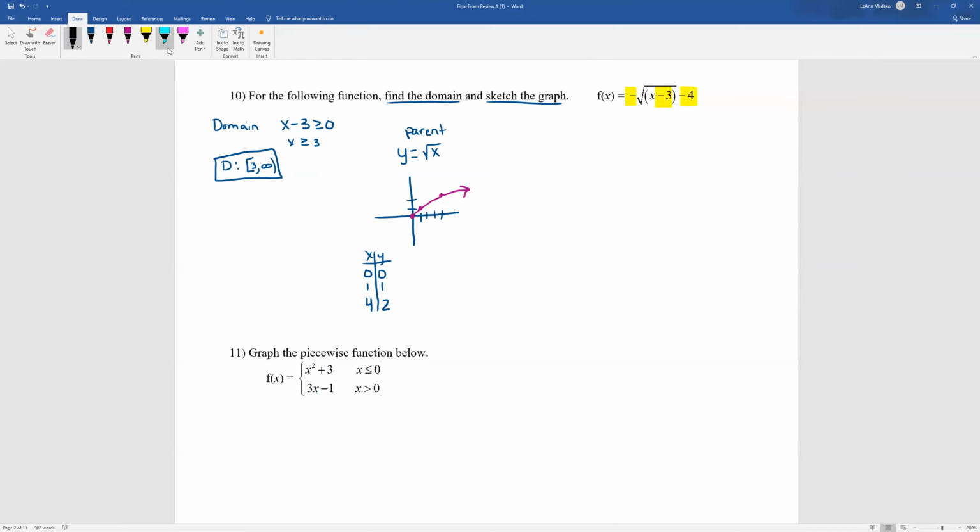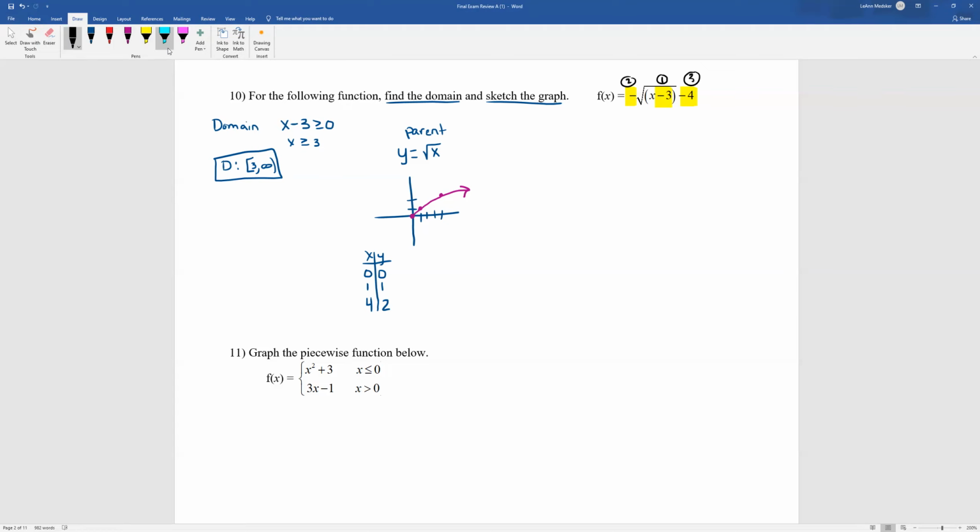So when you're going to graph these, you want to do them in the order of operations as if you were evaluating. So I'm going to do the horizontal shift first because that's closest to the x. It's what we would do first if we were evaluating. Then we would take a square root, and then we would multiply by that -1. We'll do that reflection second. And finally, we would subtract the 4. So I'm going to follow the order of operations when I do my graph.